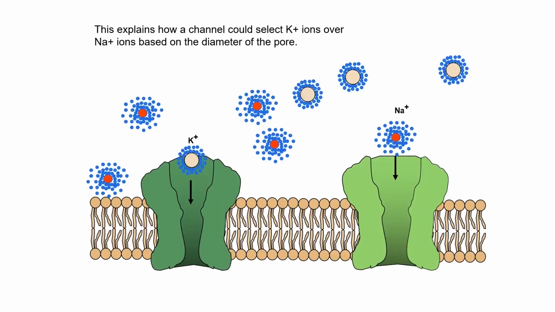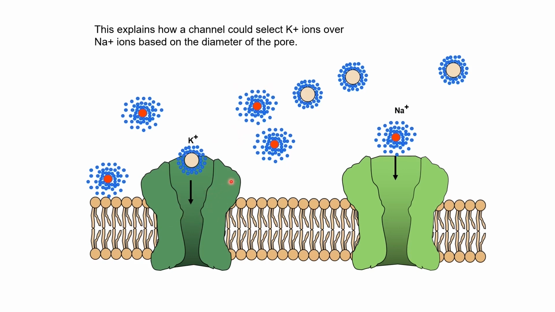So the hydration shells seem to provide a possible explanation for how a potassium channel can become specific to potassium ions. If the pore size is such that the hydration shell of potassium can pass through it, but it is not large enough for the larger hydration shell of sodium to pass through, then this channel will be specific to potassium ions and will block sodium ions.